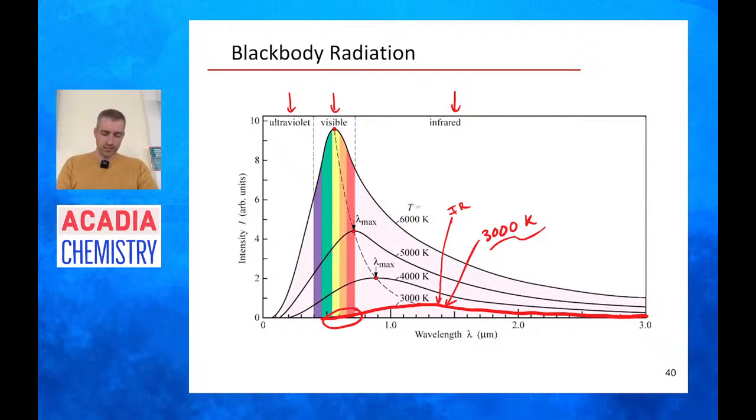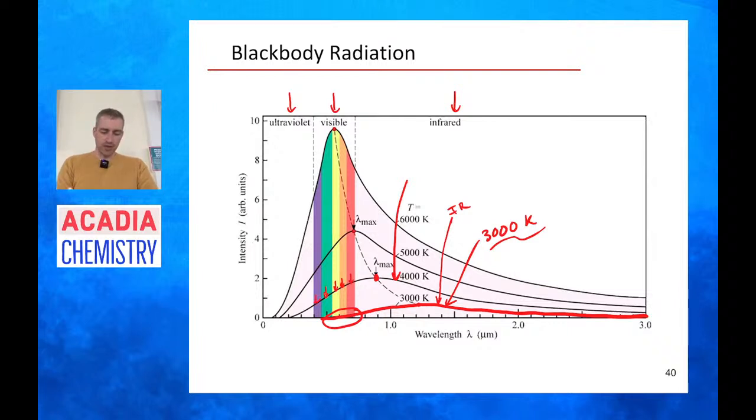If you increase the temperature up to 4000 degrees Kelvin, what we notice is the maximum shifts to shorter wavelength, to higher energy, and the overall size of that peak is bigger. So you're going to get a lot more red, a lot more orange, a lot more yellow, green, and blue.